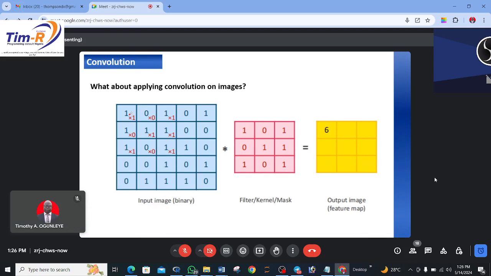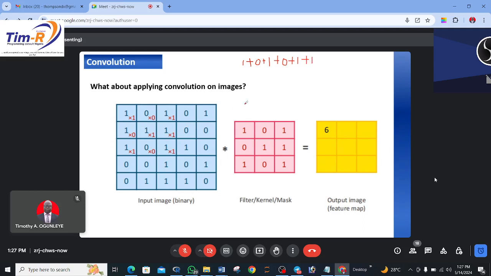We have 1 times 1, which is 1, plus 0 times 0 is 0. Then 1 times 1 is plus 1 as well. Then 1 times 0 is 0, plus 0. Then 1 times 1 is plus 1. Again 1 times 1 is plus 1, and 1 times 1 again is plus 1.